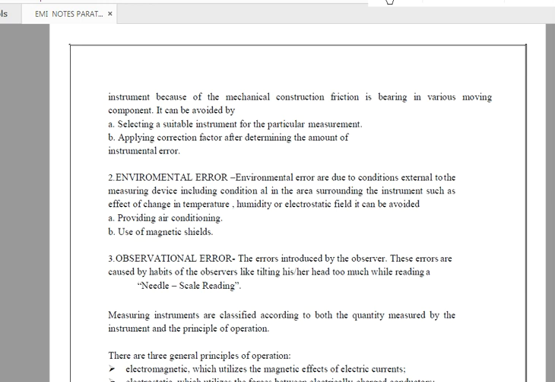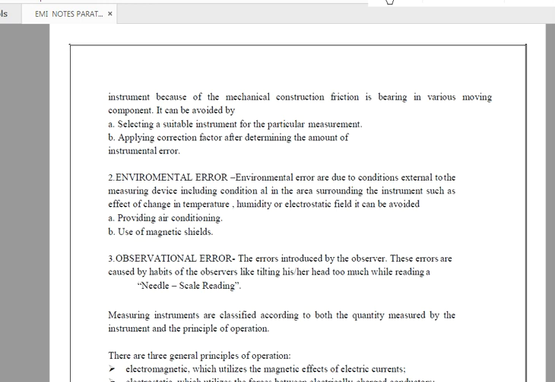It can be avoided by providing air conditioning and use of magnetic shields. These are the two methods which will be followed for the elimination of environmental factors which cause environmental error.